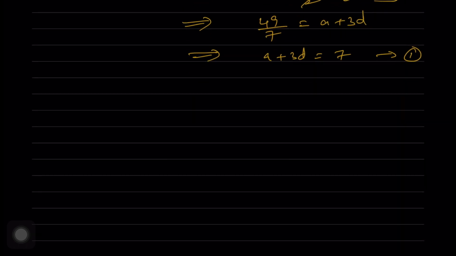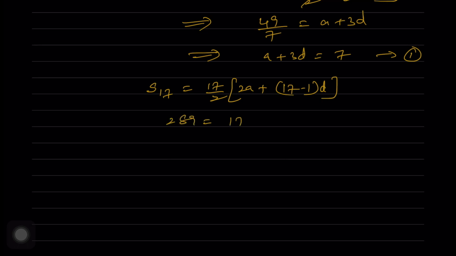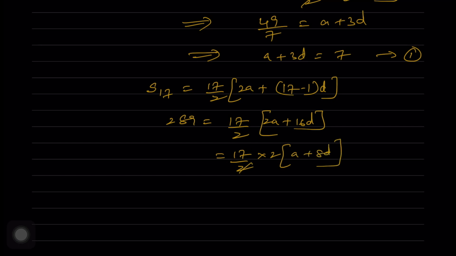Now next, the second one, we are going to find out A and D over here first. So S17 is equal to 17 by 2 into 2a plus 17 minus 1 into d. So S17 is 289, which is equal to 17 by 2 into 2a plus 16d, which is equal to 17 by 2 into 2 into a plus 8d.